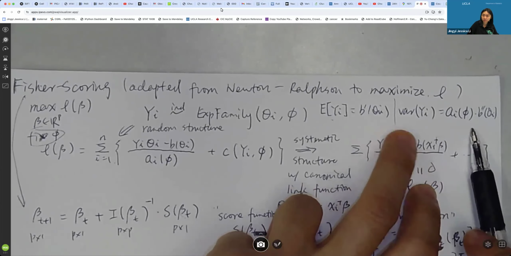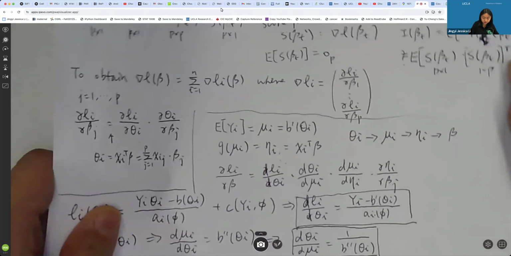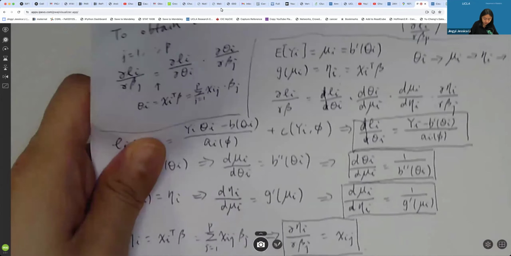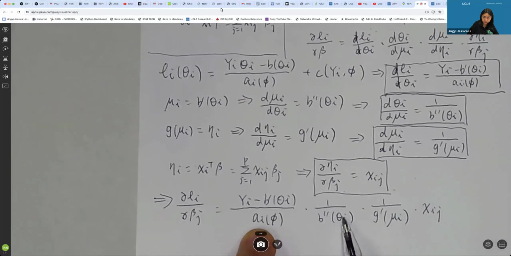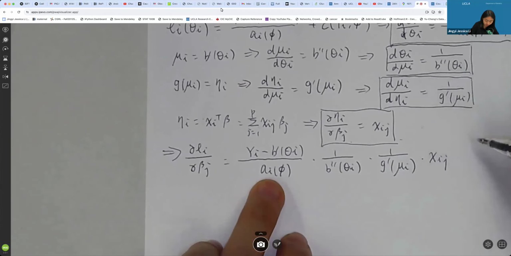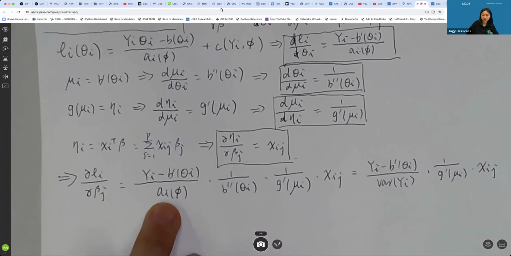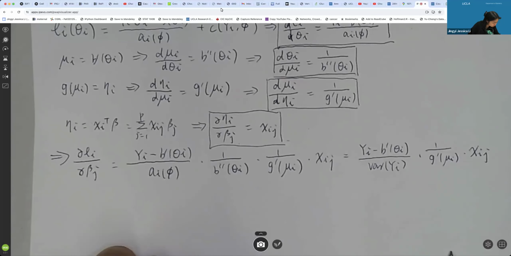This is the variance formula we previously derived using the exponential family. Then you see that this term and this term multiply to each other in the denominator. That's just the variance of yi. This is a very useful simplification because we're getting closer to a simpler form: the gradient is yi minus mu i, over the variance of yi, times 1 over g prime mu i, times xij. So that's how we get the score function.